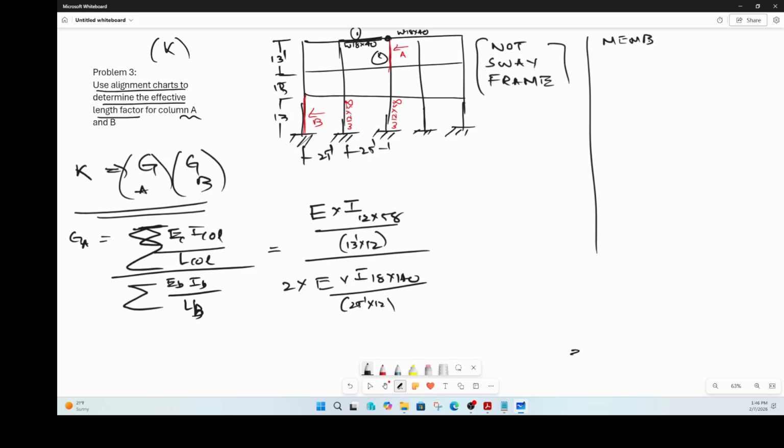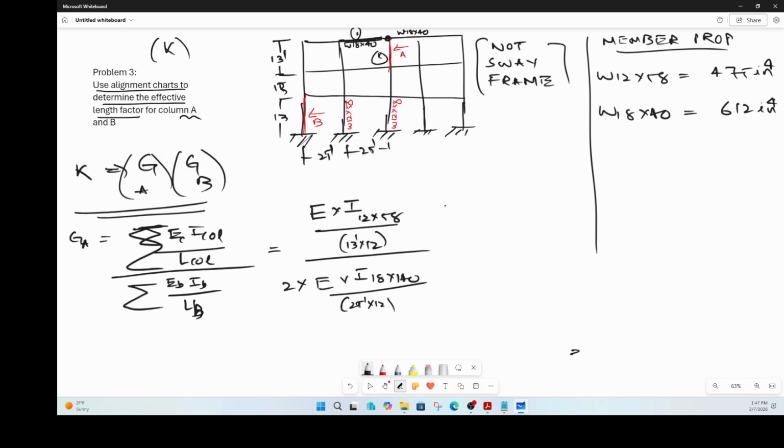Member properties, okay. So for my W 12 by 58, my moment of inertia seems to be 475 inch power 4, and my W 18 by 40, which is my beam, 612 inch power 4.